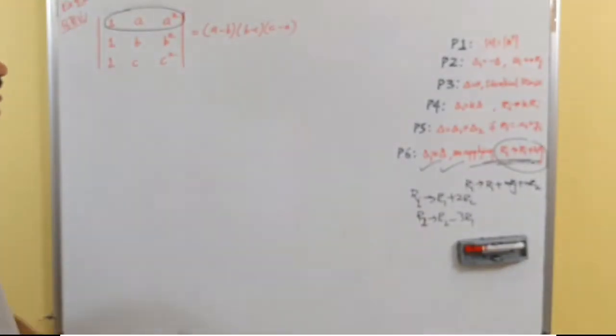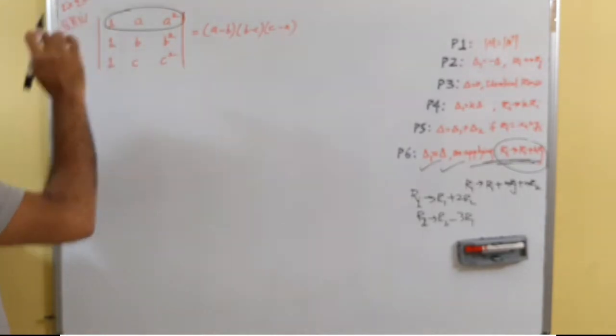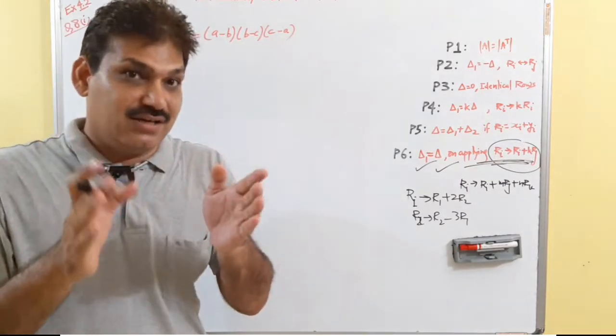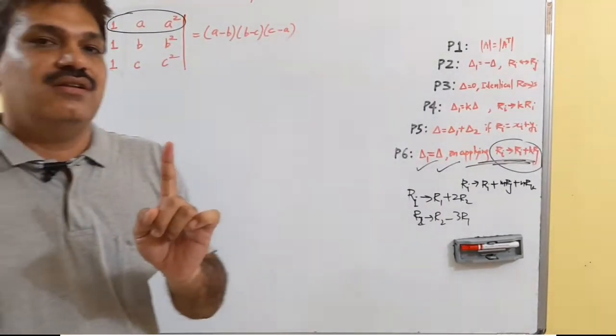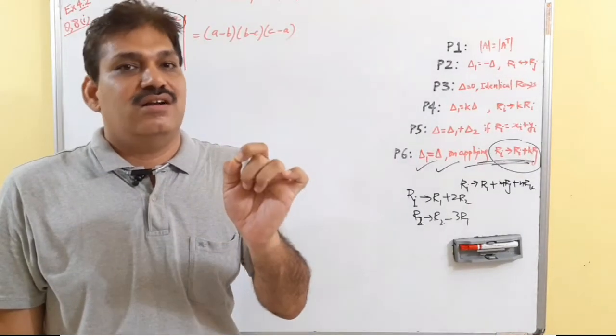Otherwise, what can you do? Most people would do this: subtract from this, 0; subtract from this, 0; 0 0 0, all 0, so it will give 0. It's not like that. Care must be taken that at least one row is unaltered.